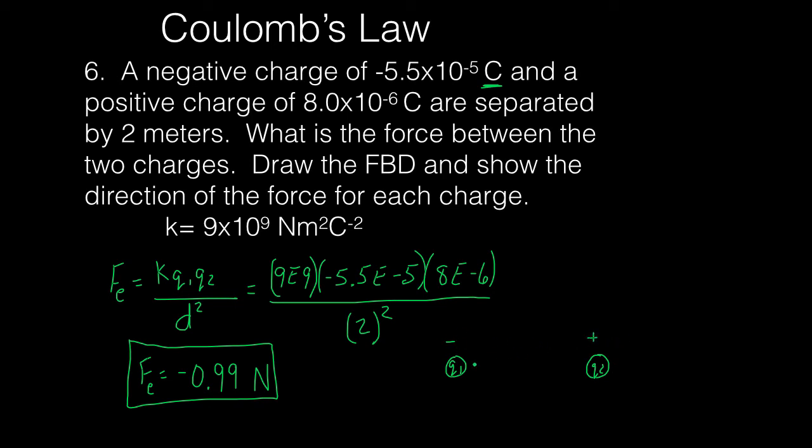So opposites attract, and so you will draw your free body diagram with a vector pointing toward each other, and they will move toward each other because they are opposite charges. And again, the magnitude of this force is equal to 0.99 newtons.